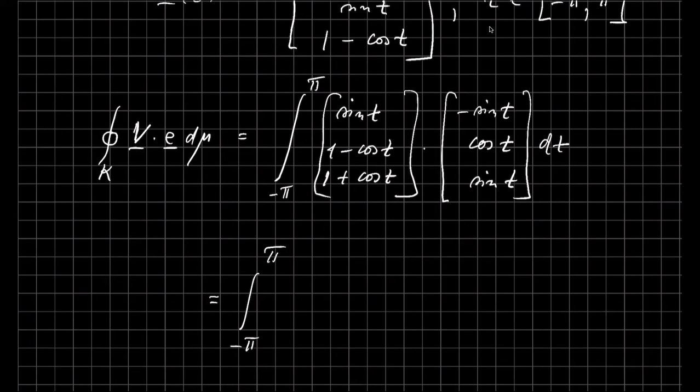When you compute it, you get minus sine squared of t, plus cosine t minus cosine squared of t, plus sine t, plus sine t cosine t.